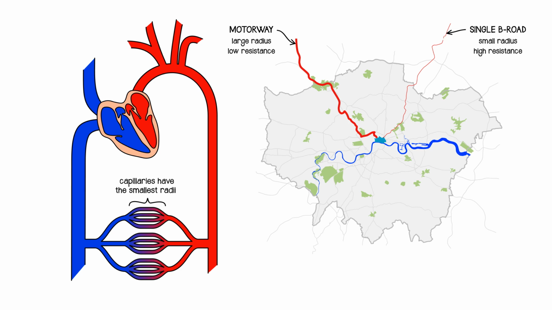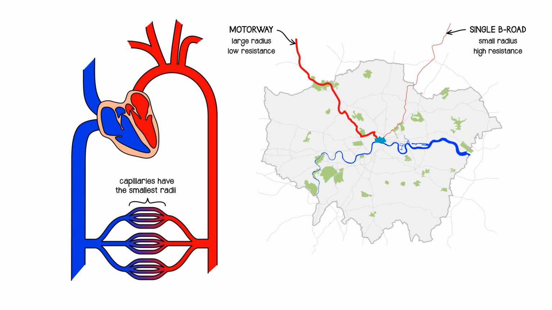It has a high resistance, and therefore it's difficult for the cars to get down it. And of course, if the choice was a motorway or just a single B road, the B road would get very congested, and it would be much easier to take the motorway. The motorway would have a lower resistance than the B road. That's like saying an artery has a lower resistance than a capillary. Of course, that's the case.